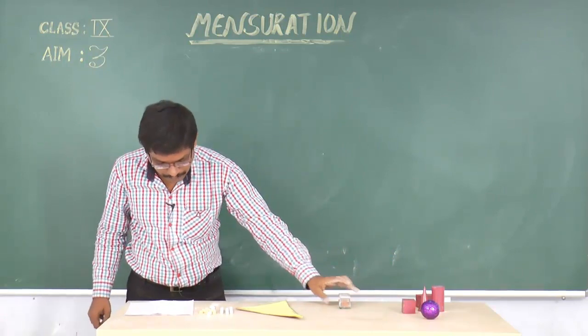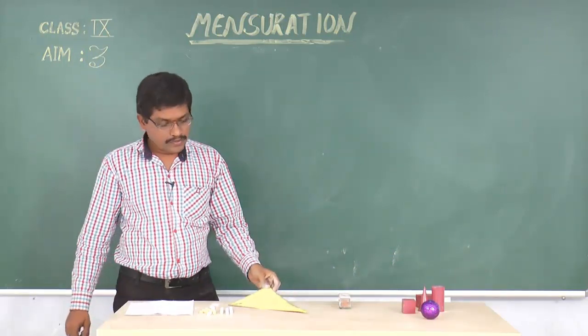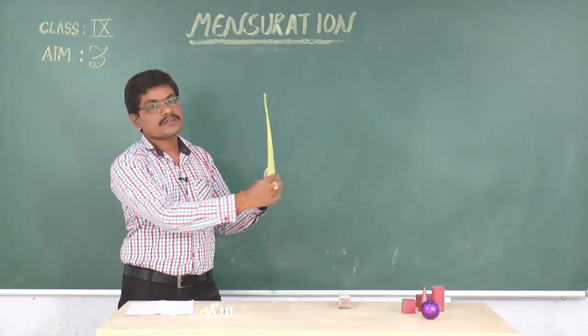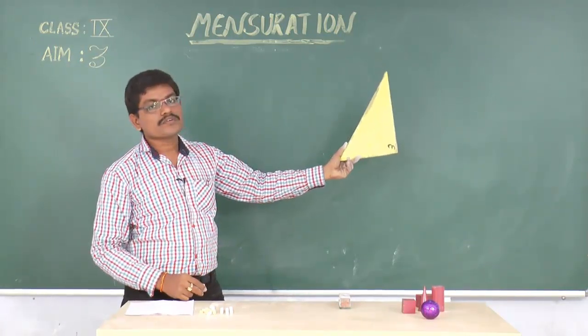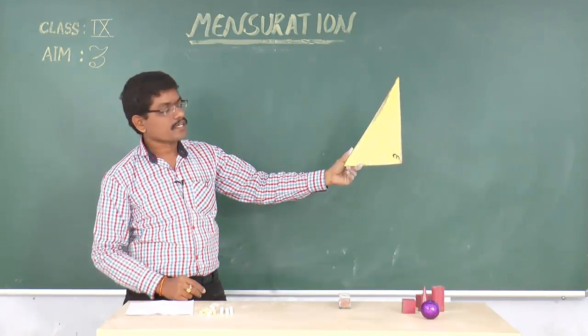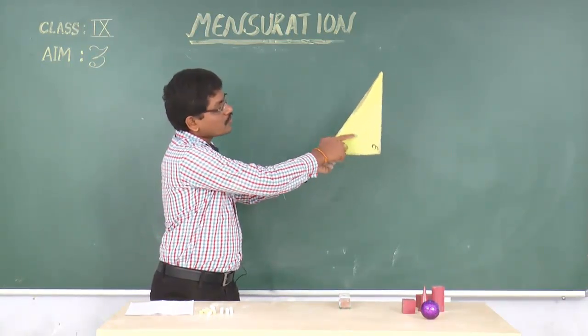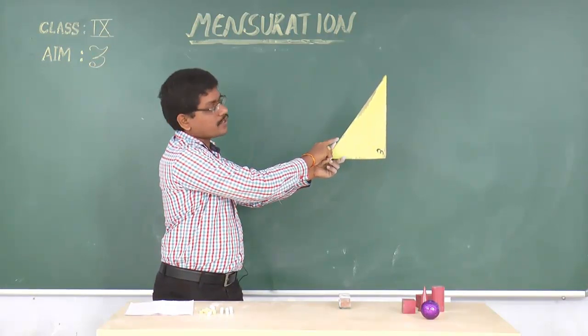Next, if you take one right angle triangle, so this is the right angle, opposite to right angle this is the hypotenuse.